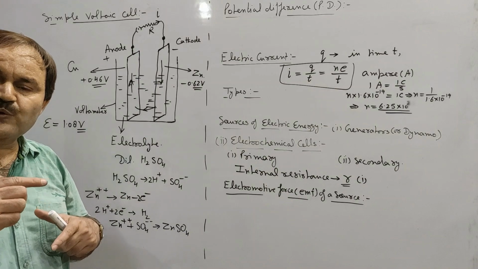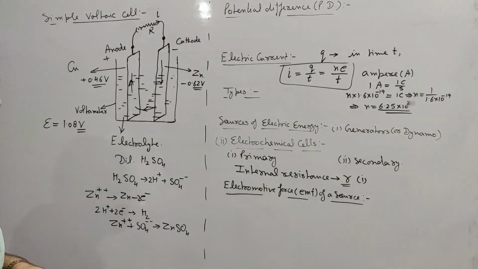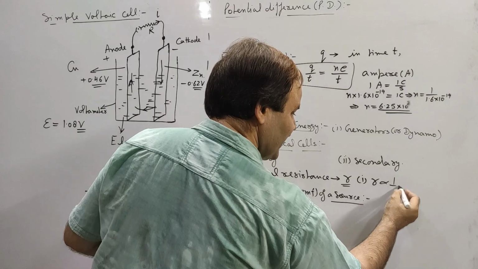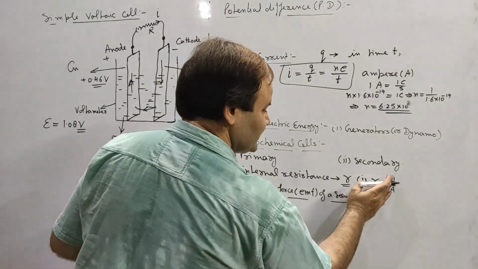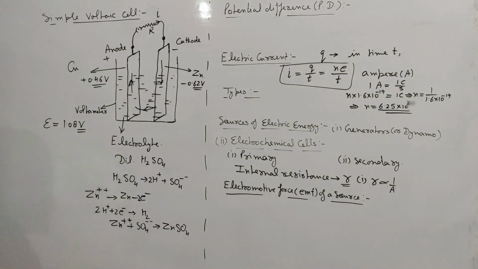More current means less resistance, so its internal resistance will be less. So internal resistance depends inversely upon surface area of electrodes. More surface area, less internal resistance; less surface area, more internal resistance.